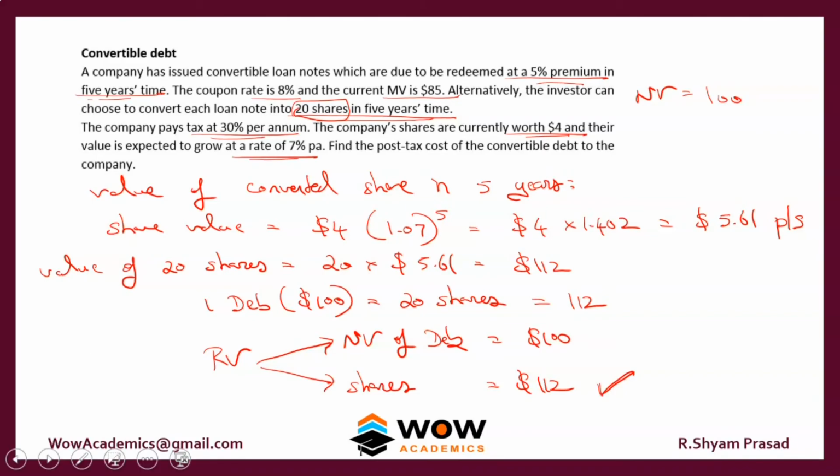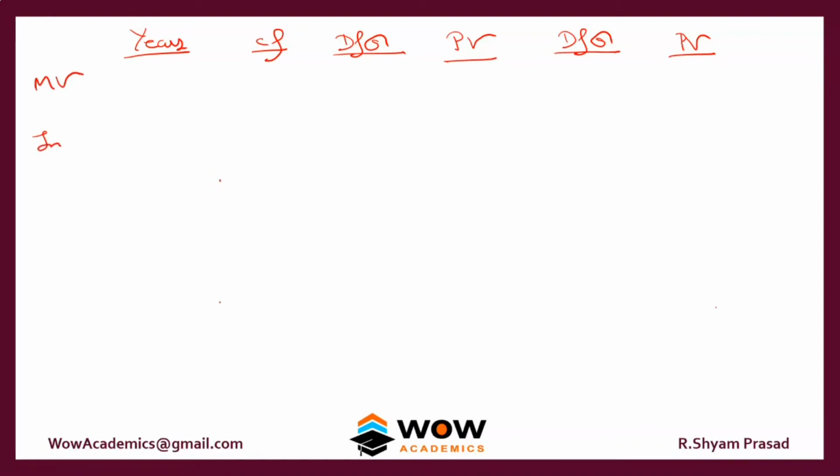So we'll try to solve that. We'll start with years, then cash flow, then discount factor at, then we get the present value. Again we do the discount factor at, we then again get the present value. So first we have to get the market value, then the interest, then the redemption value.